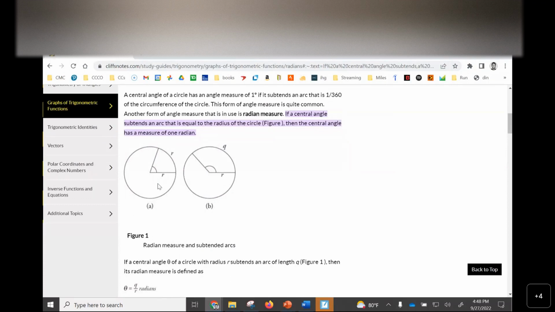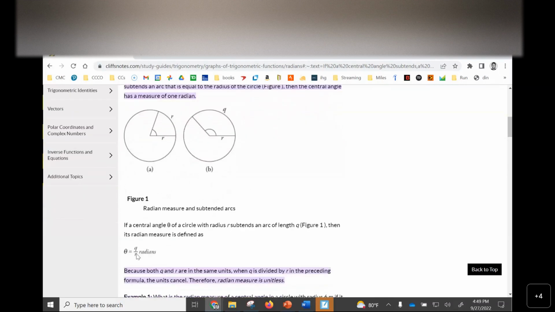So what's going on with this picture, Q over R? Well, right here, the definition of 1 radian is when Q and R are the same. Then if you extend this Q here and keep going, how many radians do you have at this angle? It's going to be Q over R. There's the formula for that angle measured in radians. This is why we call radians unitless.